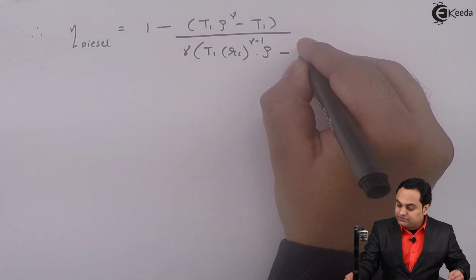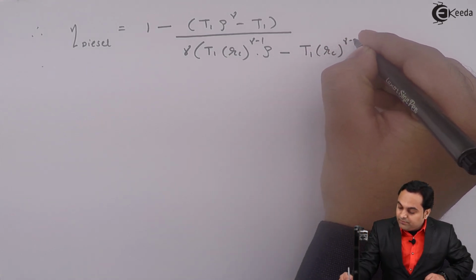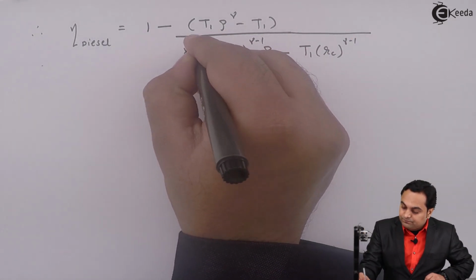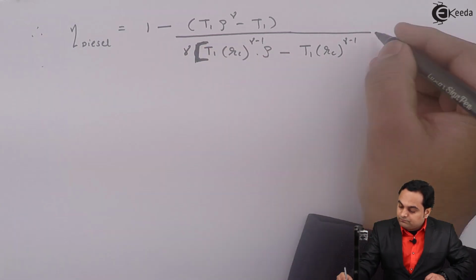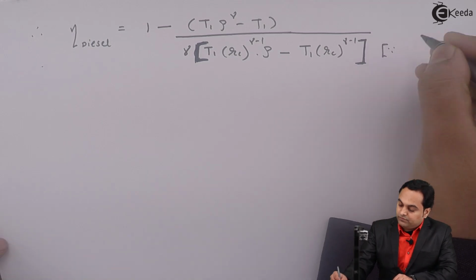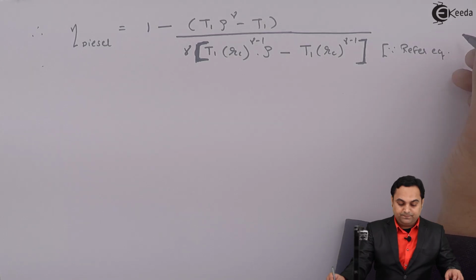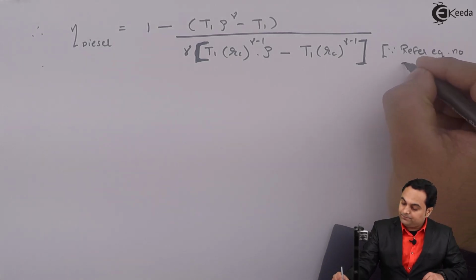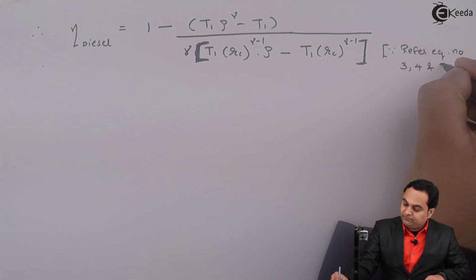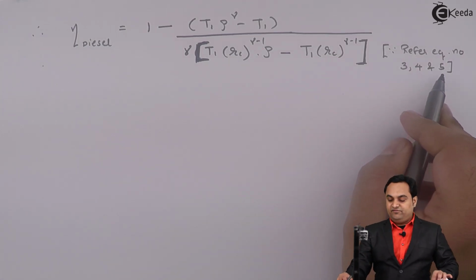So minus T1 into RC raised to gamma minus 1. Here I'll say that refer equation number 3, 4 and 5, where we have the values of T2, T3 and T4.